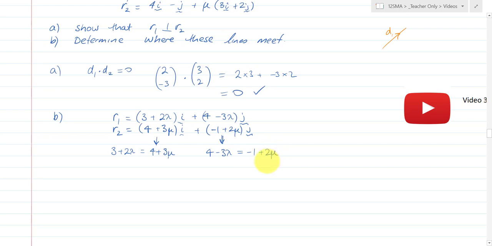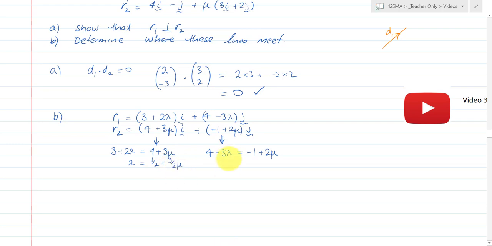So there are my two equations, and I can solve those two simultaneous equations for mu and lambda, then substitute back in to get the position where these two lines meet. Let's start by rearranging the first one. I take away 3, divide by 2, and I get lambda is equal to 1/2 plus 3/2 mu.